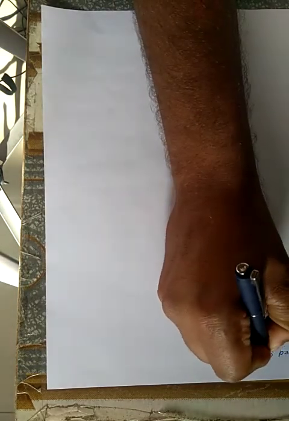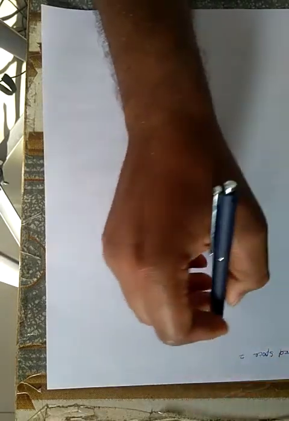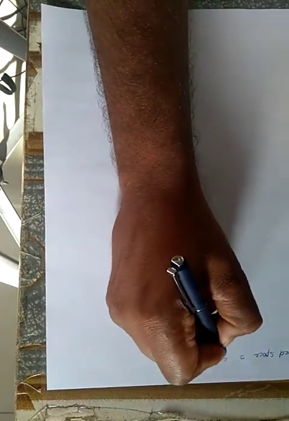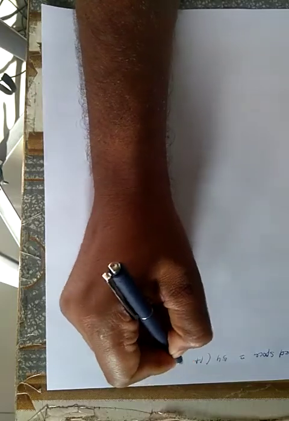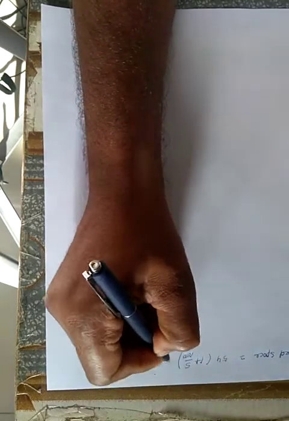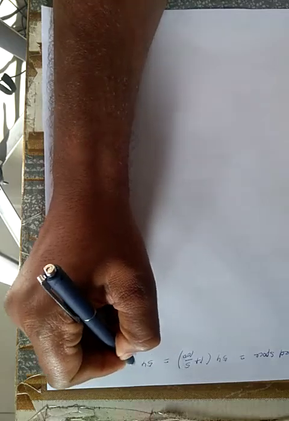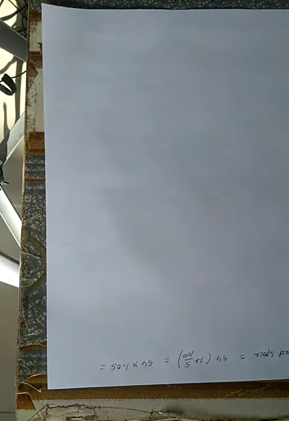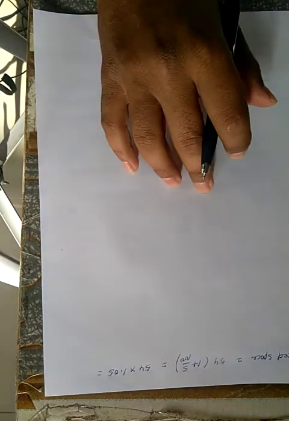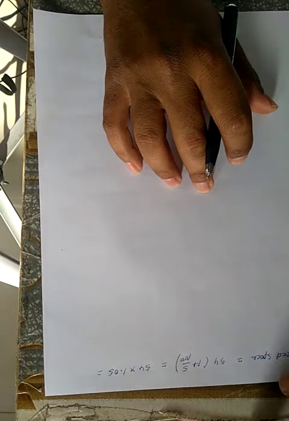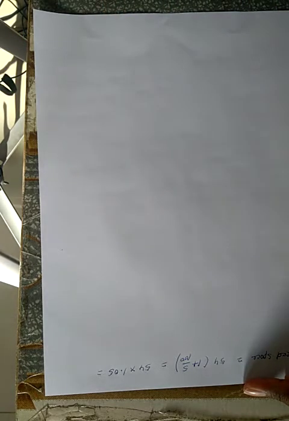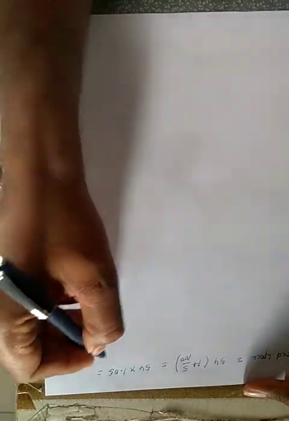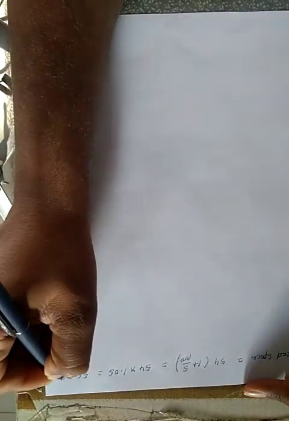So reed space. Here we have fabric width 54 inches and crimp 5%, and that comes to 56.7 inches.